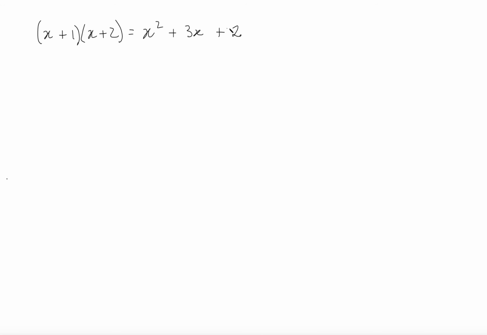So how did we get the x coefficient and the constant? Well, the x coefficient was this number here, 2 add 1, and the constant was 1 multiplied by 2.